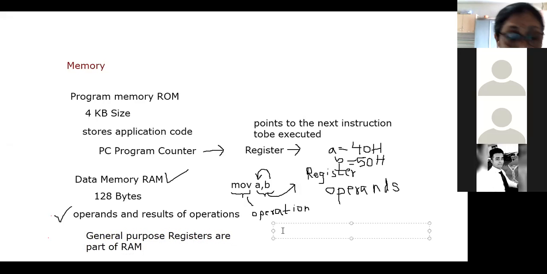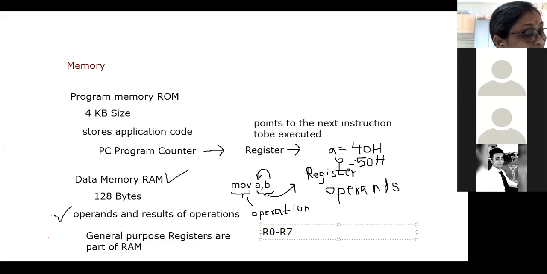We designate them with the names R0 to R7. You may use capital or small letters. How many registers are there? Eight general purpose registers, and all of them are part of your RAM.